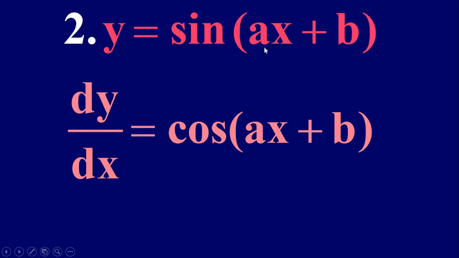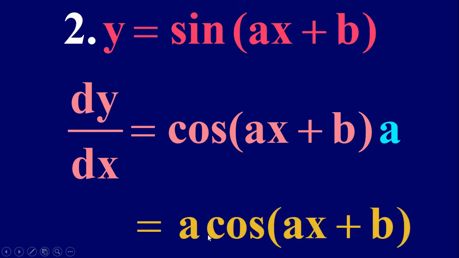That is, a is constant, x differentiation is 1 and b is constant, 0. Here constant into function, you have to differentiate only x. We get a into differentiation of x is 1, that is a into 1 is a. Therefore, differentiation of sine of ax plus b is cos of ax plus b into a, and we can write it as a into cos of ax plus b.